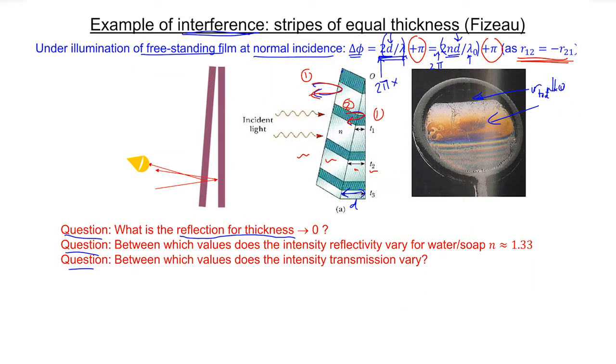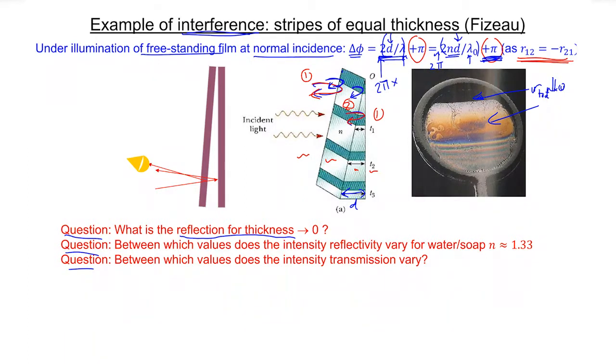So there is apparently destructive interference between the reflection from the front and the back facet. And you get that destructive interference precisely because of this pi, because the reflection from the front and the reflection from the back are naturally out of phase, even if there is no path length difference.